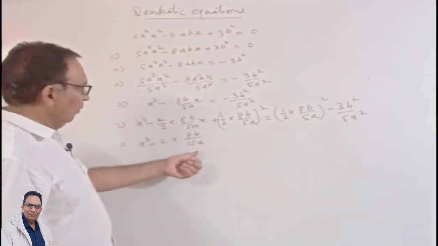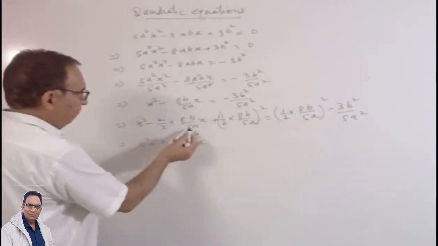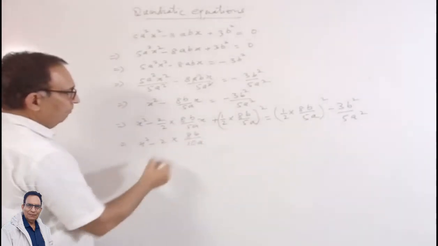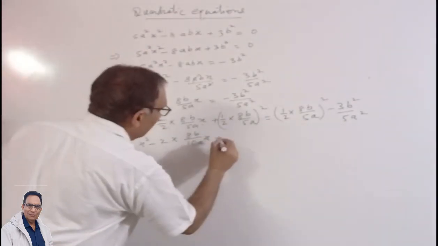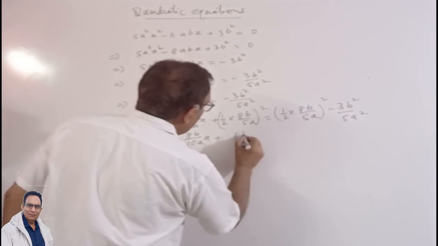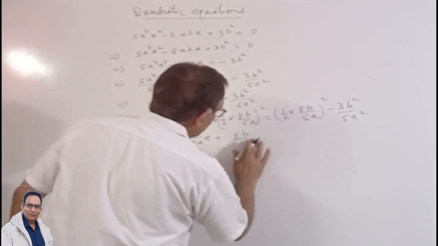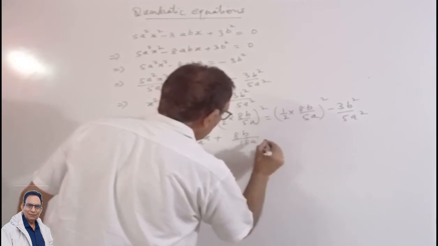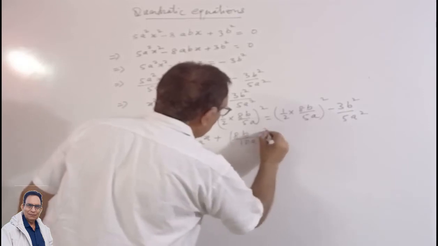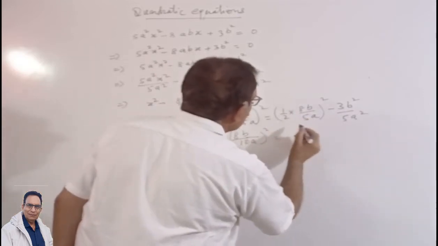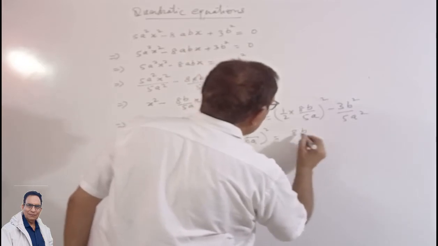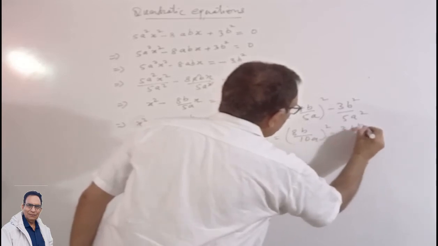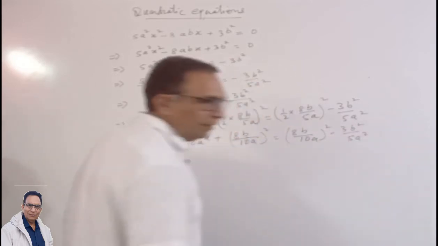Is it not? 8b over 10a. 5 into 2 is 10, 10a. And that too I have to keep separately, that is 8b, and here is x plus. So this will be 8b over 10a. Here also you can write 8b over 10a square minus 3b square divided by 5a square.